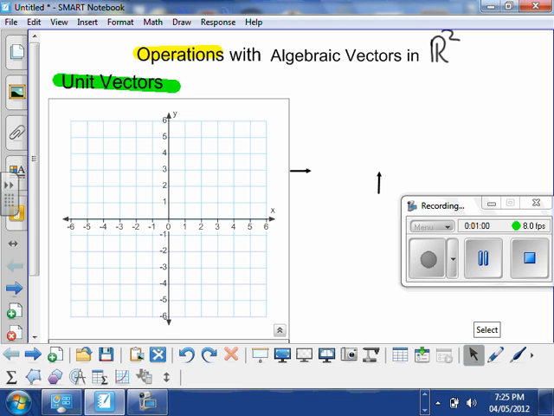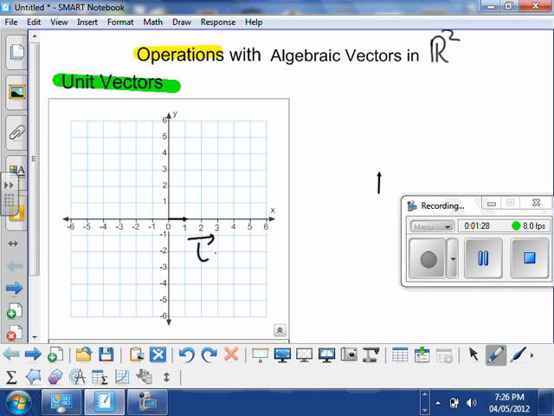I'm going to place one of them along the x-axis. Don't forget, magnitude must be 1. So that is one of my unit vectors. I am going to call the unit vector along the x-axis i.